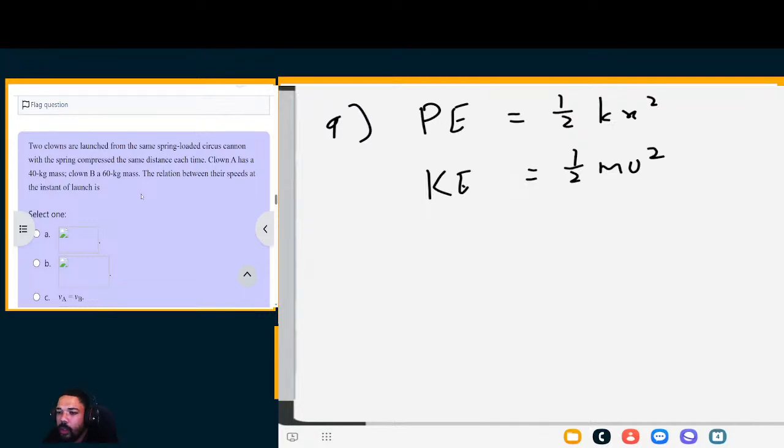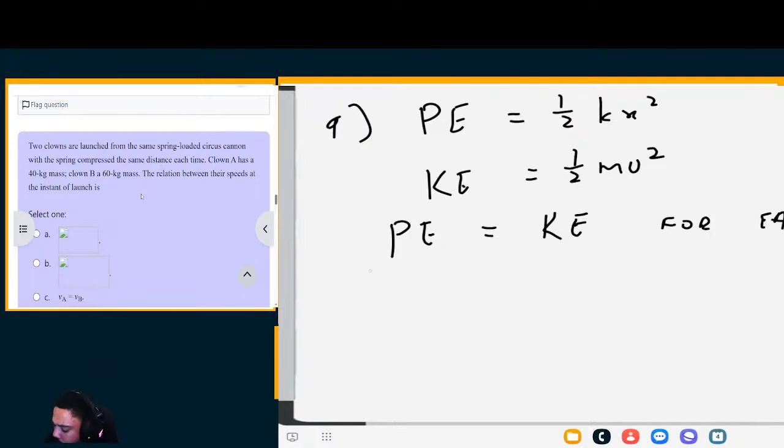Since this is conservation of energy, let the potential energy all be converted to kinetic energy, for each clown, clown A and clown B.